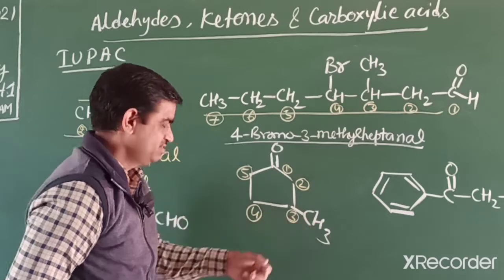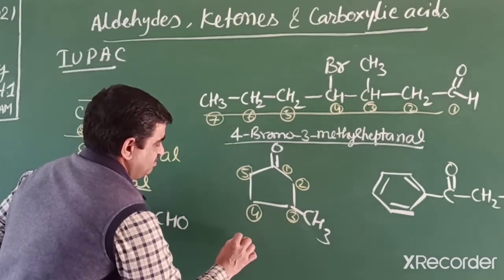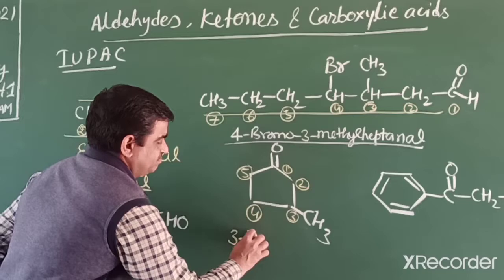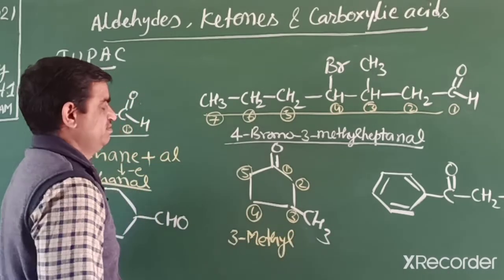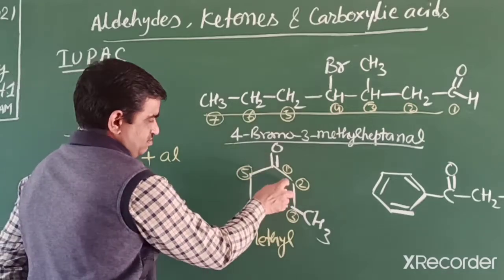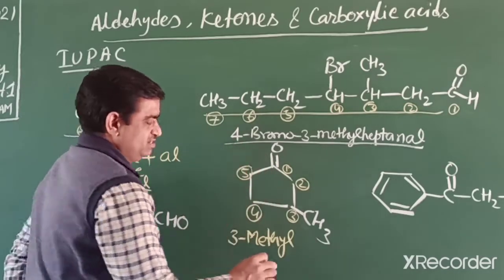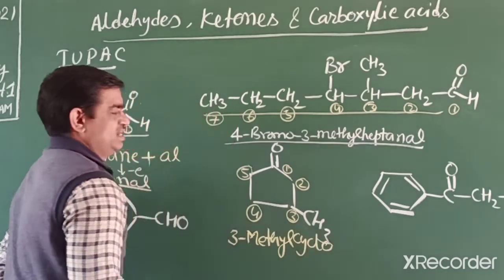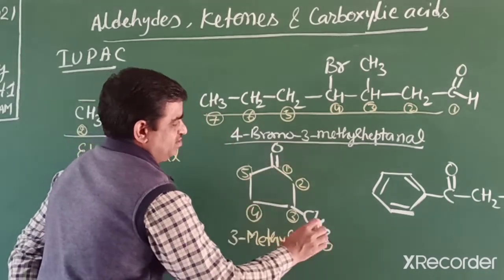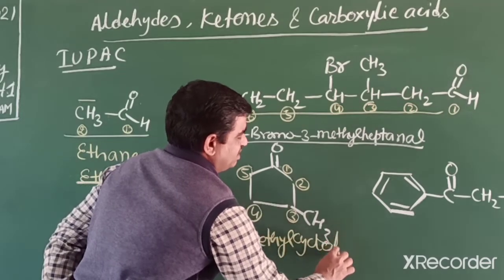For the substituent, first we write this one: at carbon 3, one carbon, meth, yl, so 3-methyl. Then the parent hydrocarbon is cyclo. How many carbons? 5, so we write pent.